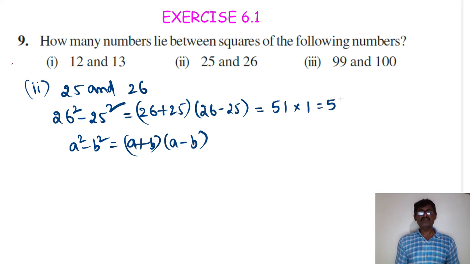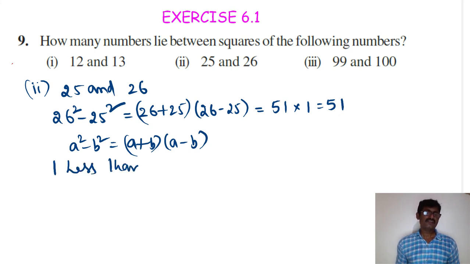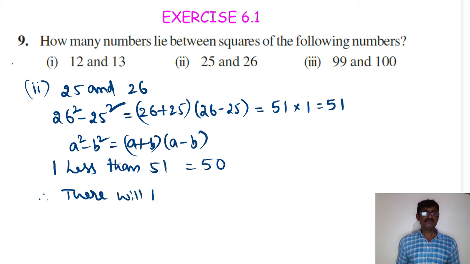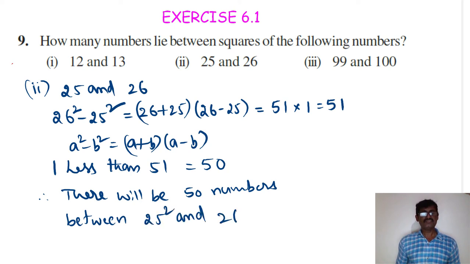So this is equal to 51. Now we need to take 1 less than this 51, which is 50. So therefore there will be 50 numbers between 25 square and 26 square.